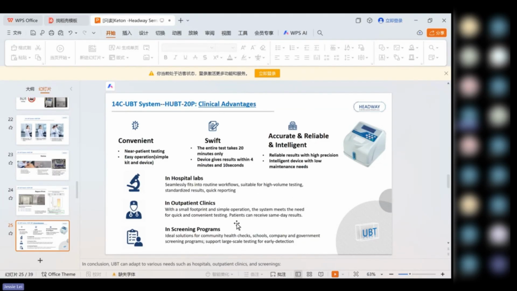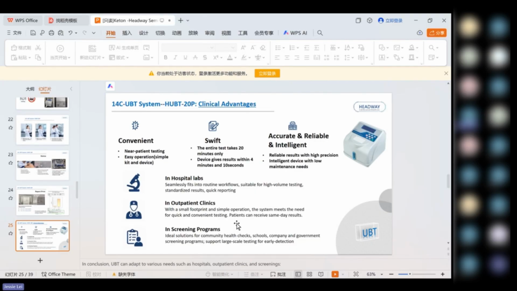So our UBT can adapt to various needs, such as hospitals, outpatient clinics, and screenings. In hospital labs, our machine seamlessly fits into the routine workflow, suitable for high volume testing and standard, quick reporting.